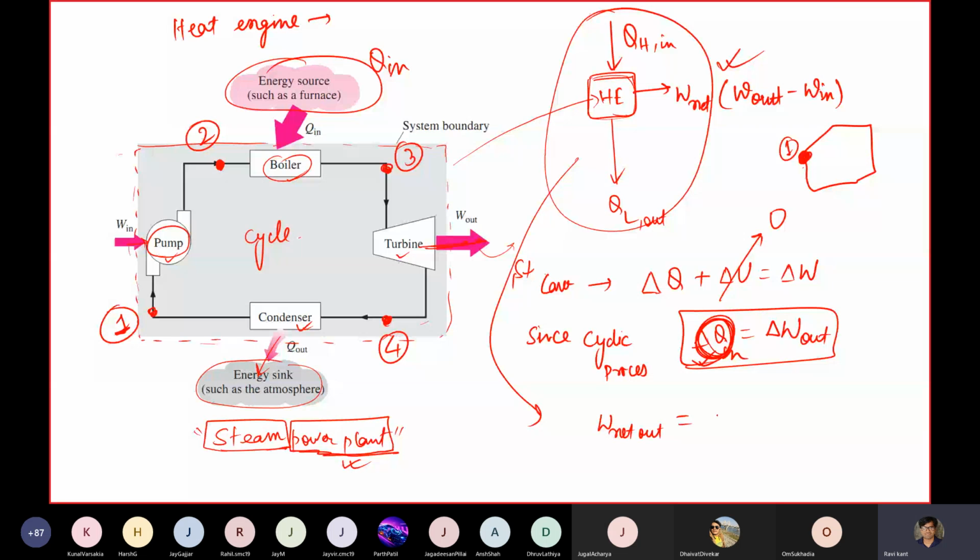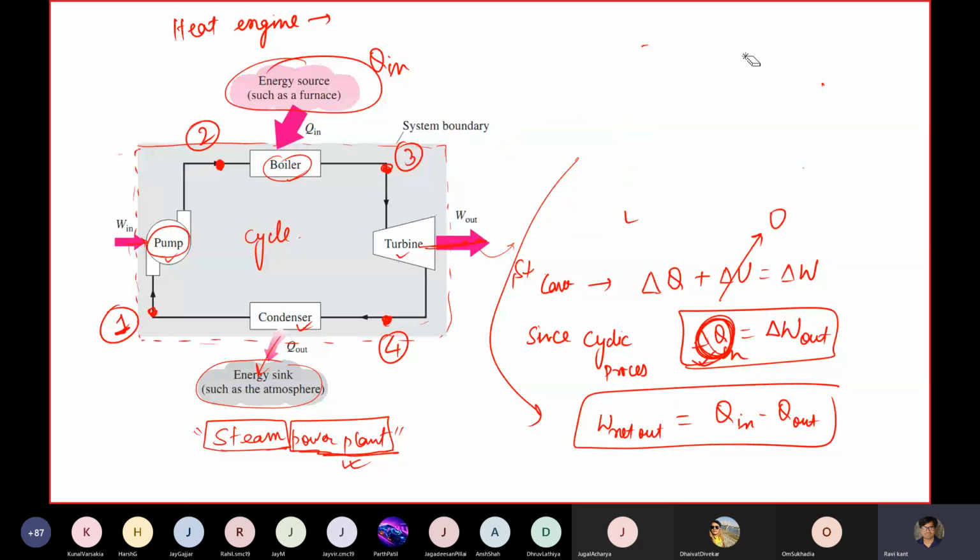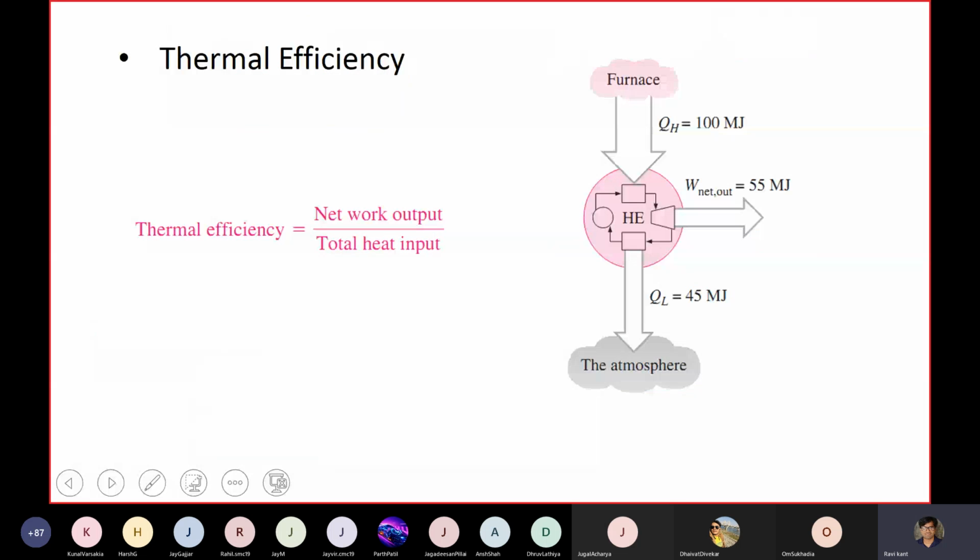So can we write thermal efficiency here? Yes, we can. We can write the thermal efficiency of any heat engine as net. Maybe I have a slide for that. Yes, I have a slide for that. So thermal efficiency can be written as net work output divided by total heat input.